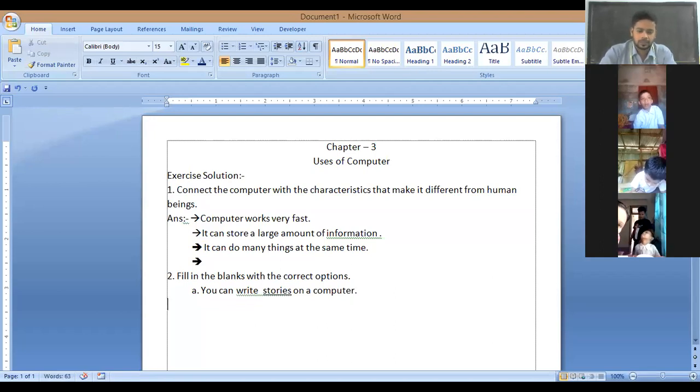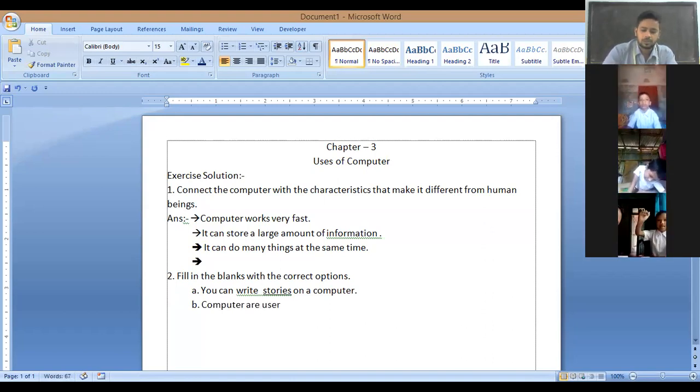Now number B: computers are used for playing games on a computer.